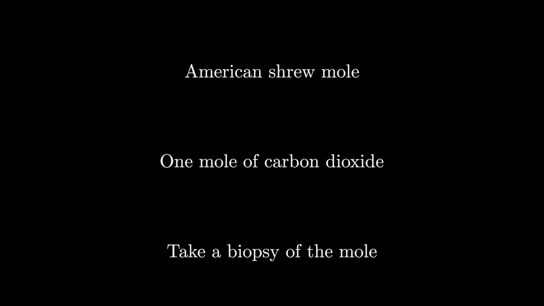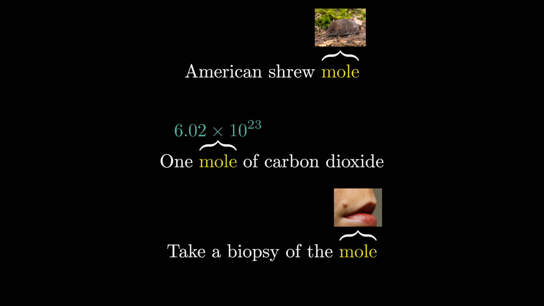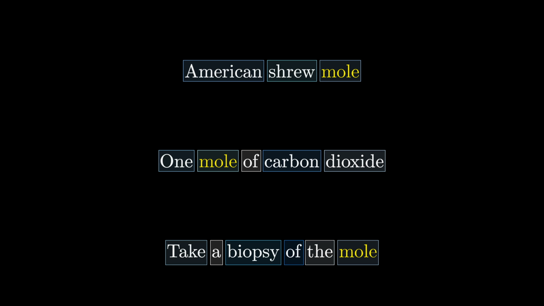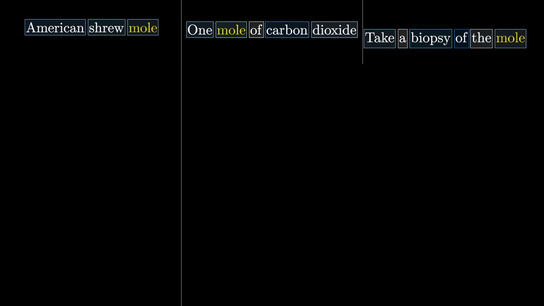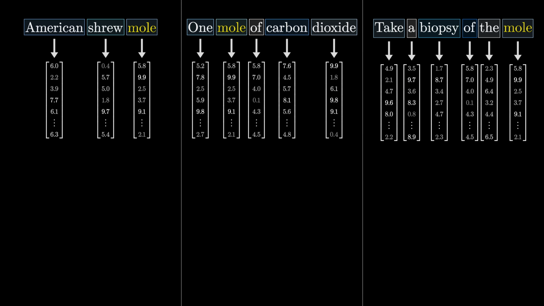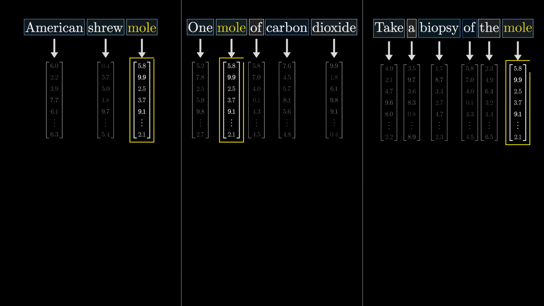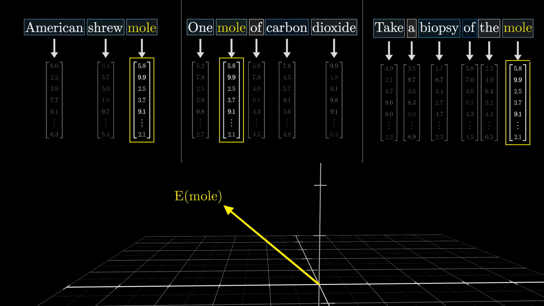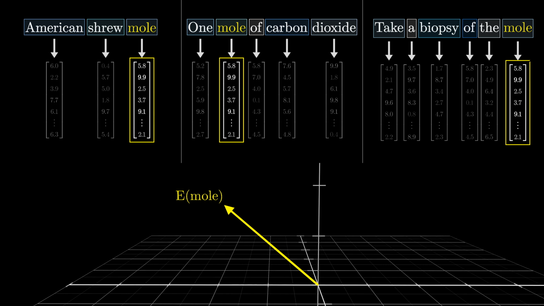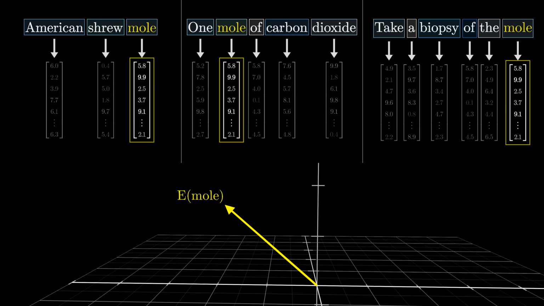Consider the phrases American shrew mole, 1 mole of carbon dioxide, and take a biopsy of the mole. You and I know that the word mole has different meanings in each one of these, based on the context. But after the first step of a transformer, the one that breaks up the text and associates each token with a vector, the vector that's associated with mole would be the same in all three of these cases, because this initial token embedding is effectively a lookup table with no reference to the context.